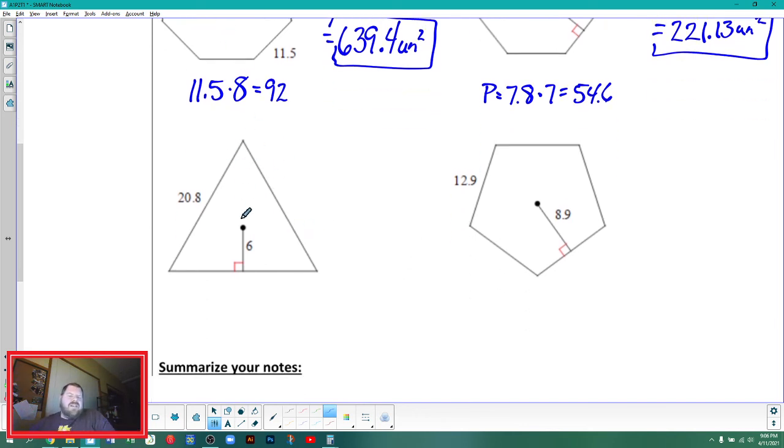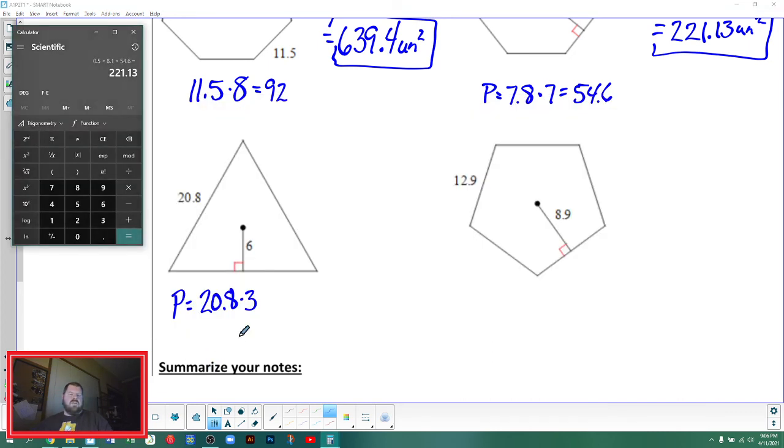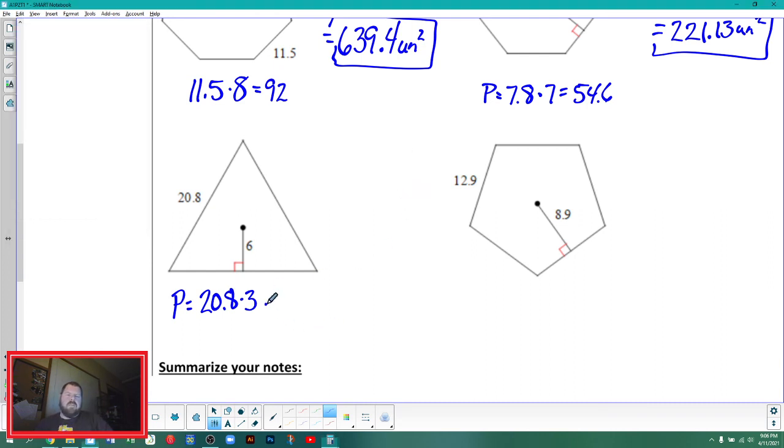I could think of another way to do a problem like this, but this way works out actually quicker. My way would involve the Pythagorean theorem and splitting that in half to put it here, and it would get ugly, but I'll bet we'd come up with the same thing. So finding our perimeter, it's a triangle, so we want 20.8 times 3, which is 62.4.